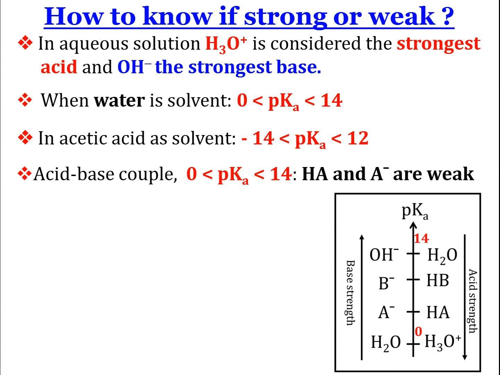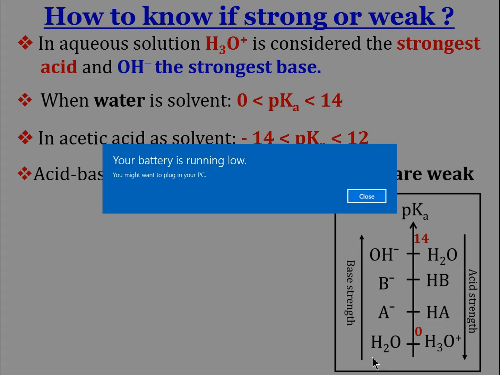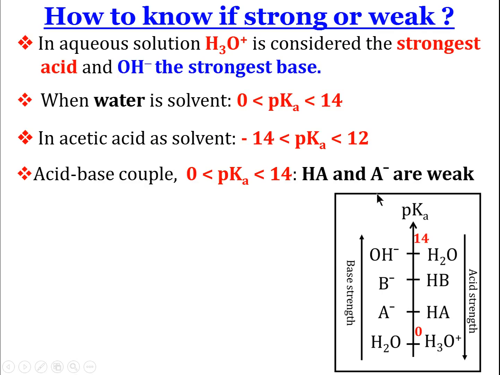The couple involved, acid-base, is not Na plus/NaOH, since in solution we don't have NaOH. NaOH decomposes completely to OH minus. In this case, the couple involved has a pKa of 14 and is H2O/OH minus.